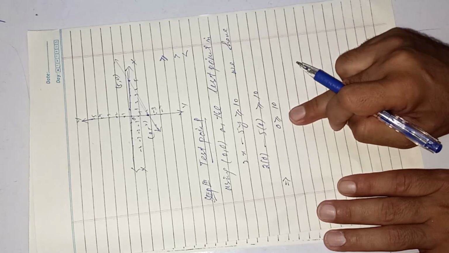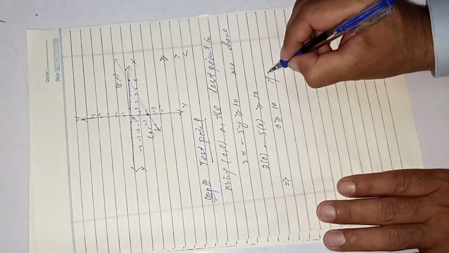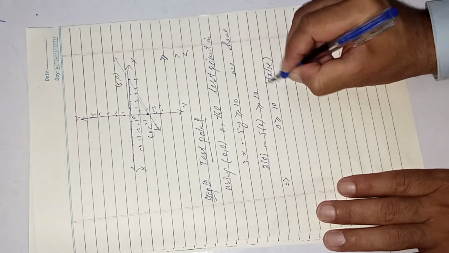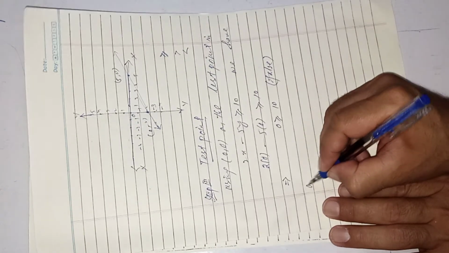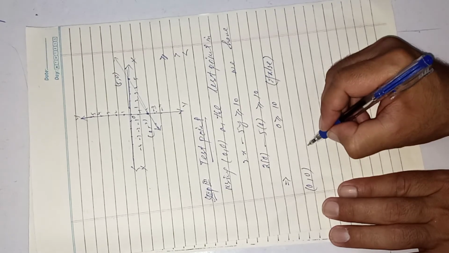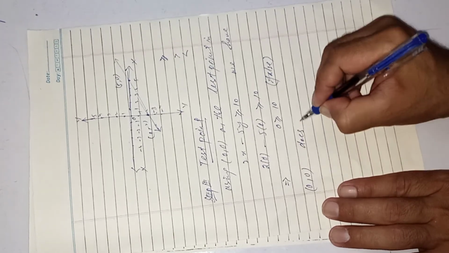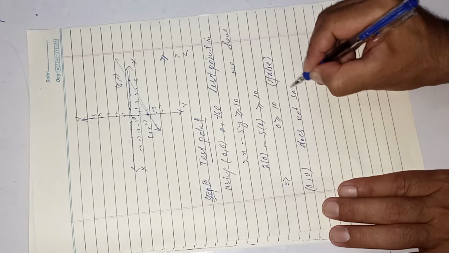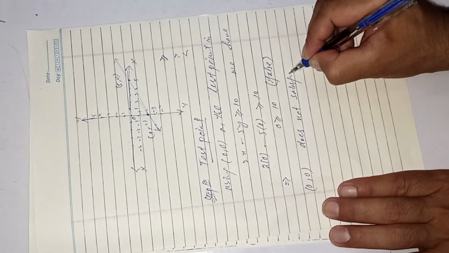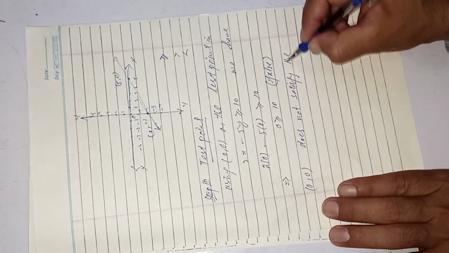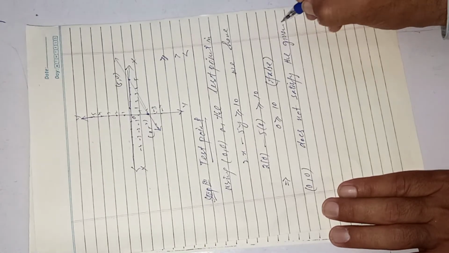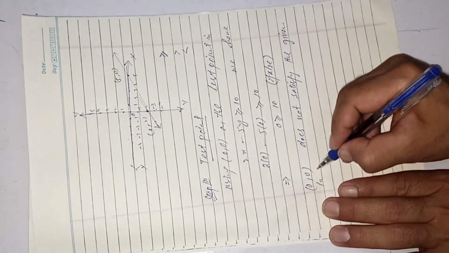And this statement is false. This means that (0, 0) does not satisfy the given inequality.